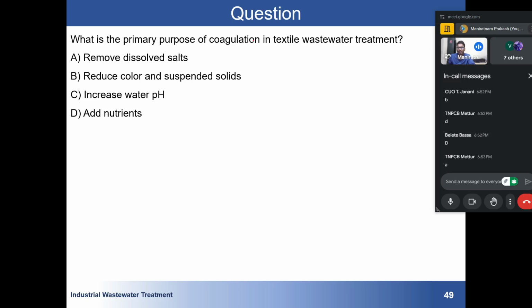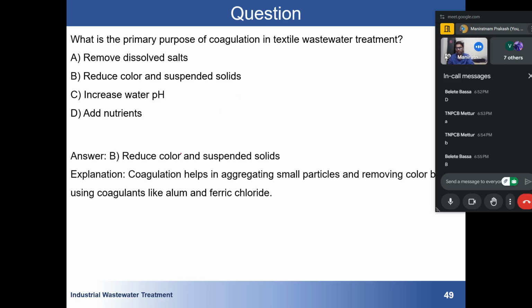What is the primary purpose of coagulation in textile wastewater treatment? B. That is, reduce color and suspended solids.